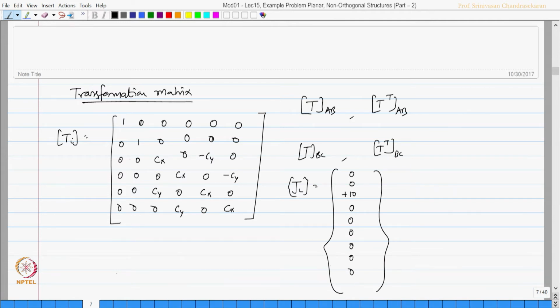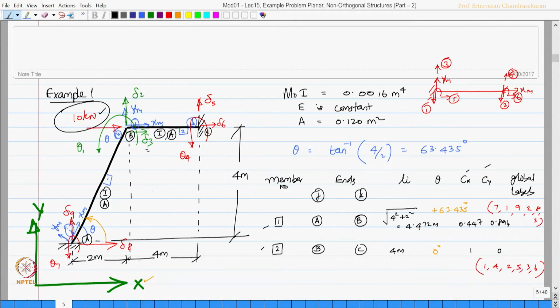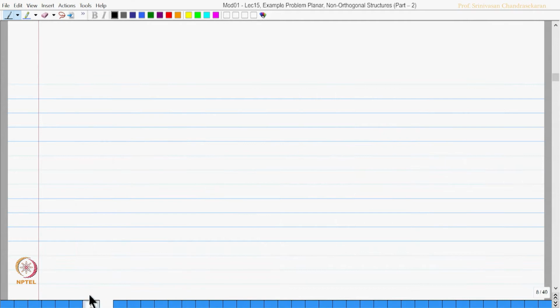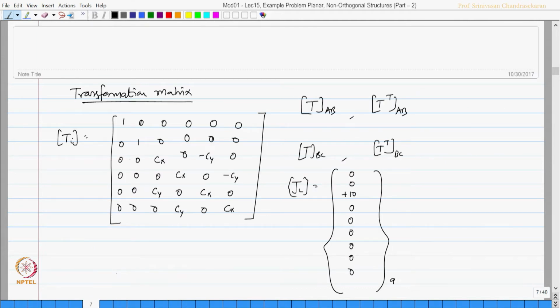Okay. So, there are 9 values, is it not? We have a total of 9 degrees of freedom, is it not? So, the vector is 9 by 1.